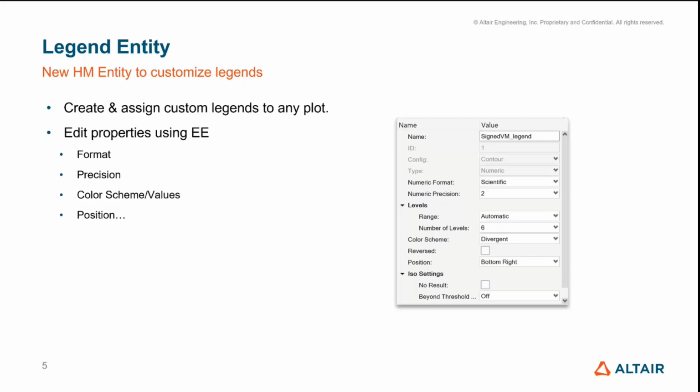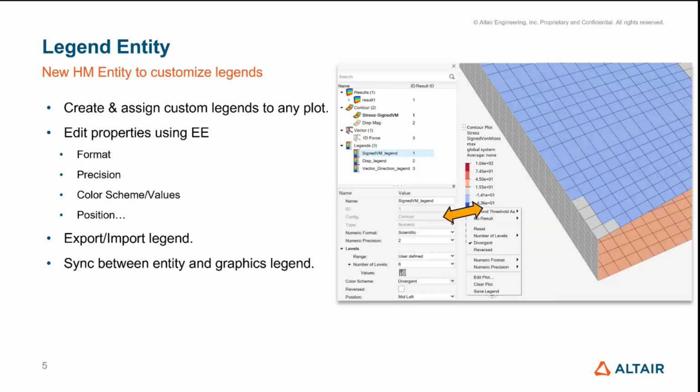Then the legends will be listed in the results browser, and using the entity editor, you can edit common properties, such as format, precision. You can set the color scheme, you can set the position of the legend, etc. You can also export this legend through an XML file and re-import it, for use on a different model. That's possible.